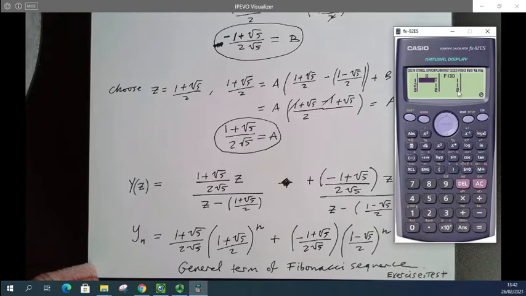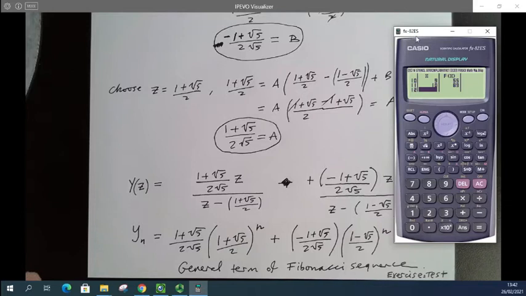So the actual term in the sequence, 1, 1, 2. So the x is the n number. So 1, 1, 2, 3, 5, 8. Those are the terms that I generated at the start. 13, 21, 34. These are all the terms in the Fibonacci sequence. So this demonstrates that my formula is correct, and I'm very happy about that.